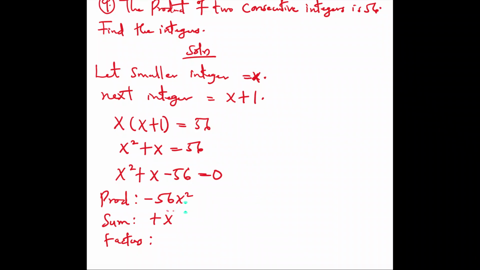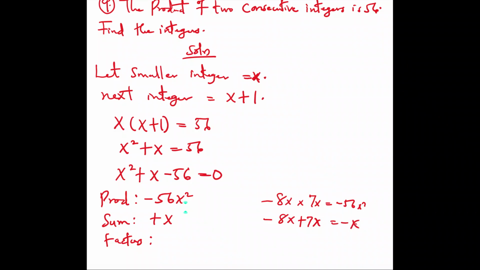So if we do 7 times 8 we get 56, right? But we have minus 56 here and plus x, so one of the numbers has to be negative and one has to be positive. If we do minus 8x times 7x, we get minus 56x squared.